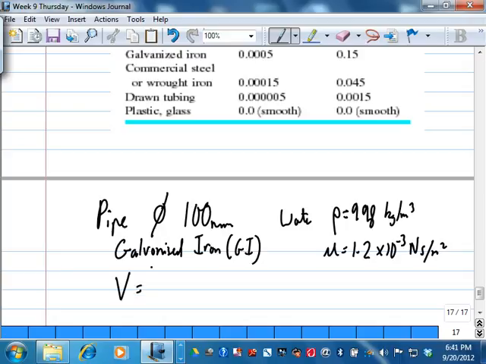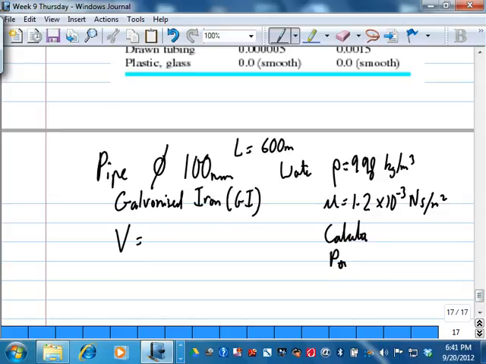Velocity. Let's do length. Typical distance from there maybe, I don't know, 600 meters. Calculate power loss. Let's do two cases. Case 1, we do laminar at Re 2000. We need to find the velocity.